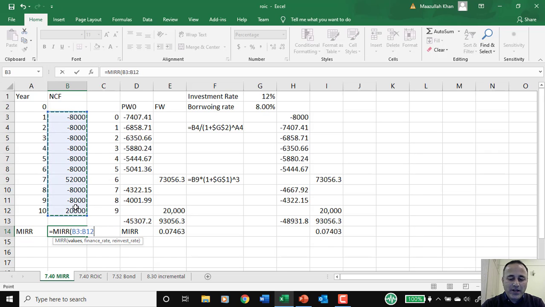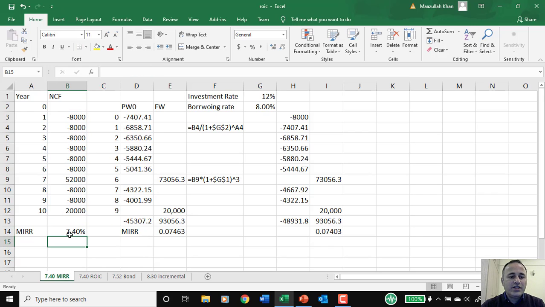Okay, and it says comma, and then it says finance rate. So finance rate here means the borrowing rate, which is 8%. Okay, comma, and then it says reinvestment rate. Reinvestment rate is actually the investment rate, which is 12%. Okay, and once I enter, as you can see, it is 7.4, which is close to 7.5.